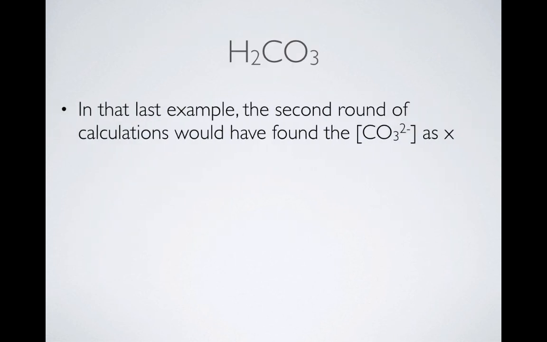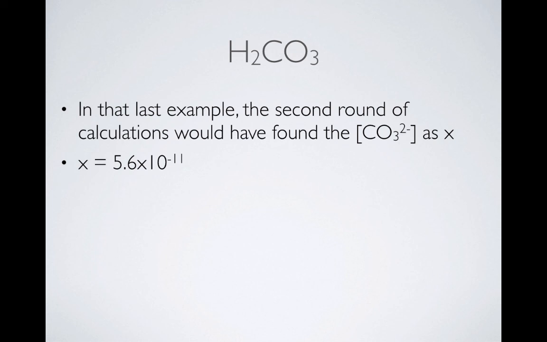So we saw in that example, the second round of calculations found the concentration of the carbonate ion as X. So we know that X is equal to 5.6 times 10 to the minus 11, so that is also equal to the concentration of the carbonate ion. Very low concentration. And this is very common, again, with these polyprotic acids.